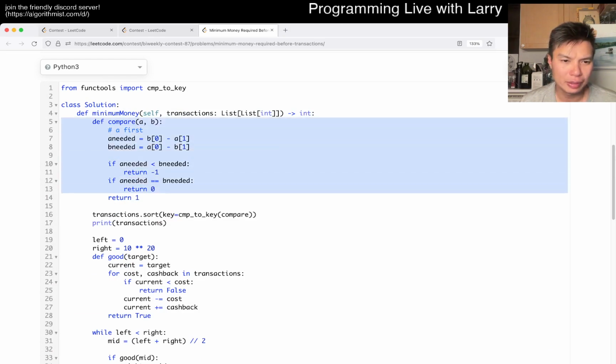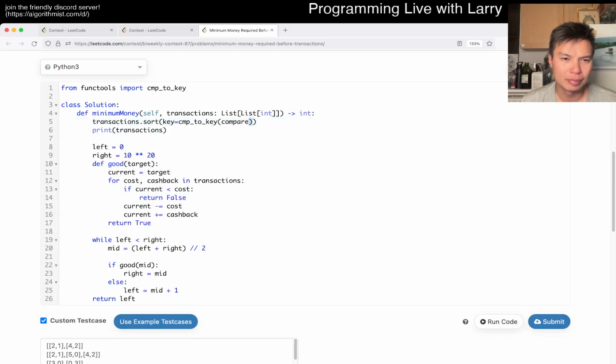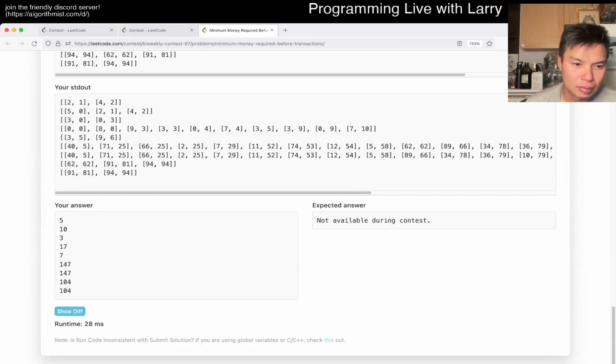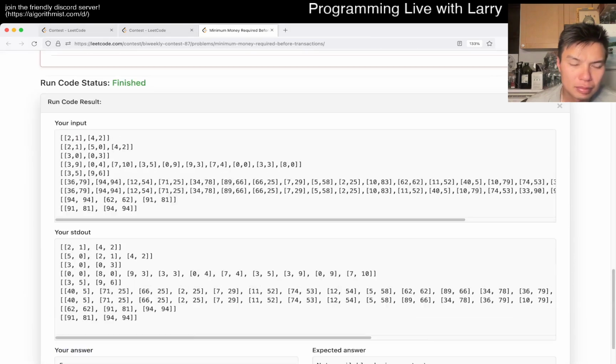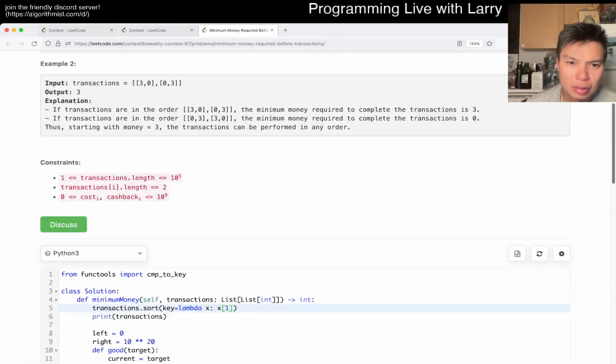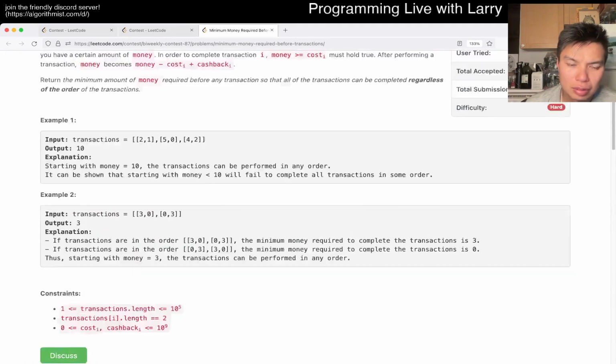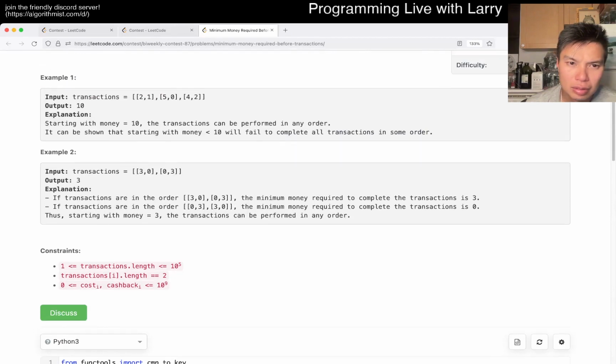I have no idea. And the numbers don't have to be one of the inputs.